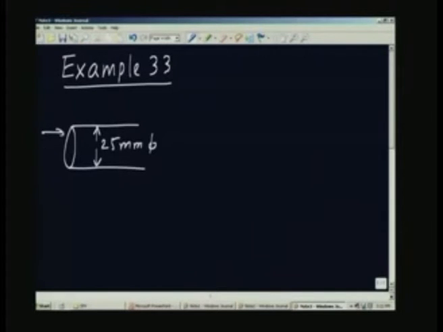The heat flux Q is incident here, and I am measuring the temperature axially at two locations. Let us say this is T1, this is T2, the temperature difference delta T is T1 minus T2, because this end is cooled.